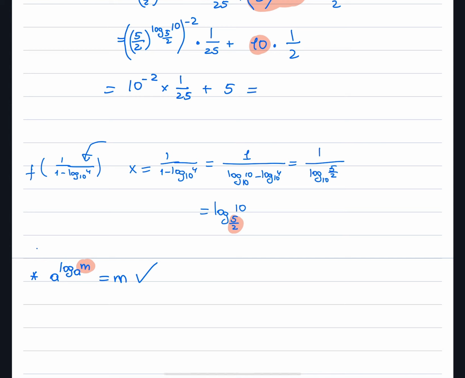So that will be 1 over 2500 plus 5. That's going to give you 5 multiplied by 2500 plus 1, divided by 2500.